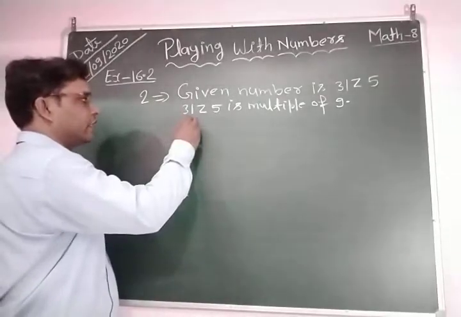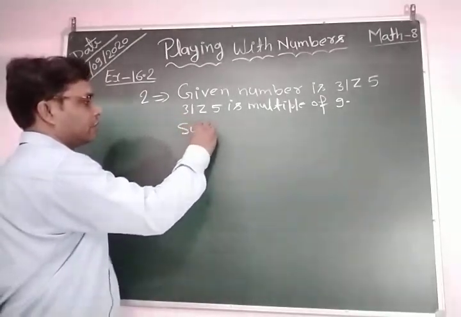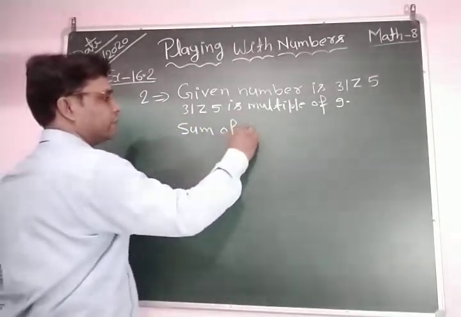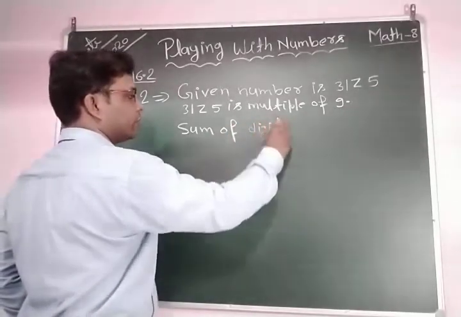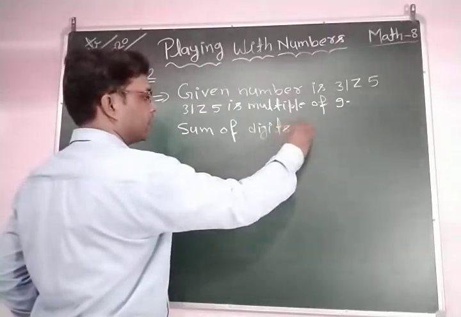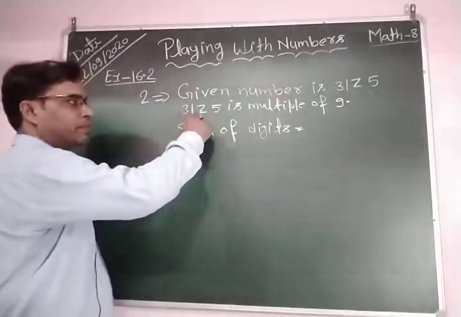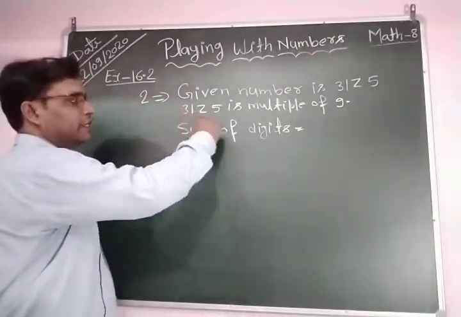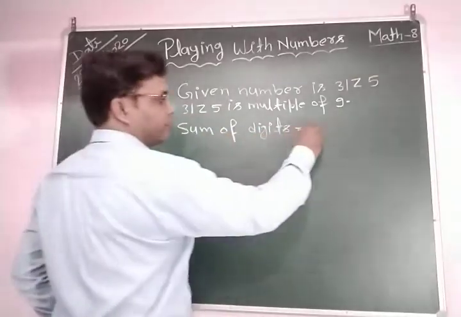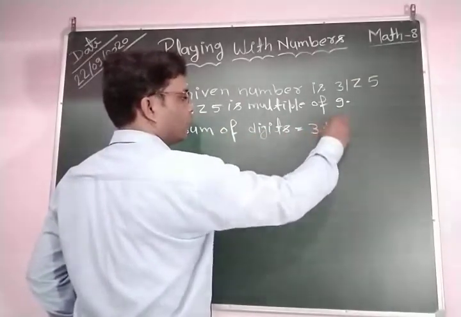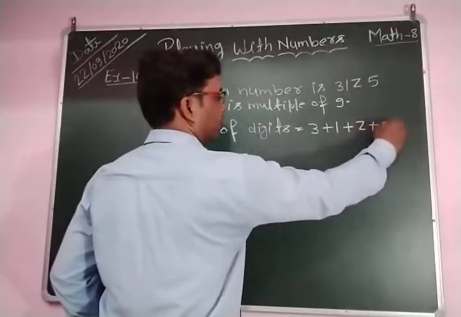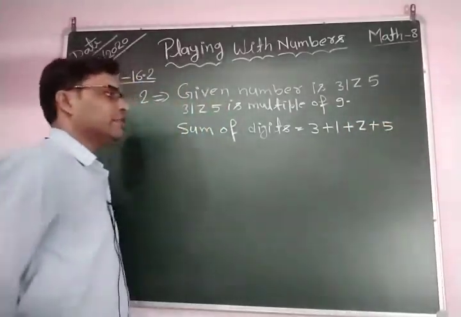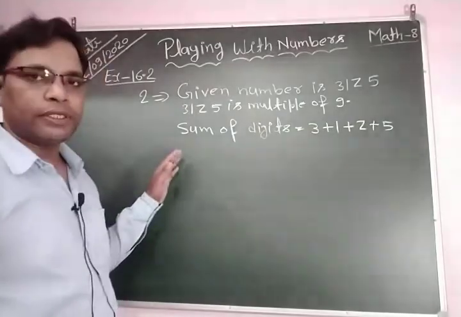The digits of this number 31z5 are 3, 1, z, 5, so we write 3 plus 1 plus z plus 5.